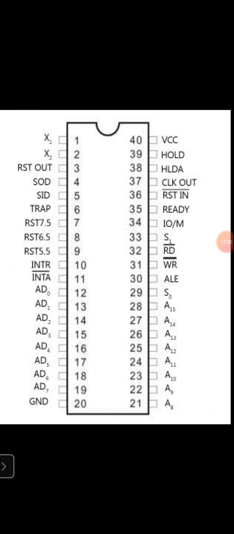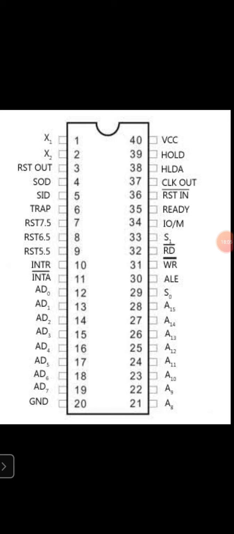Bar is there, so first you should know one thing: bar indicates an active low signal. The pin indicates an active low signal, that is, when the voltage on that pin is 0 volts, only then it can be activated.